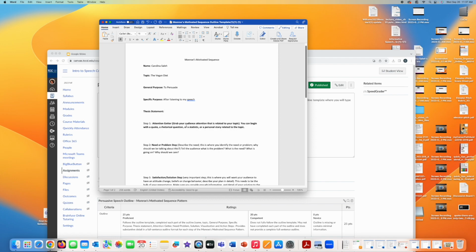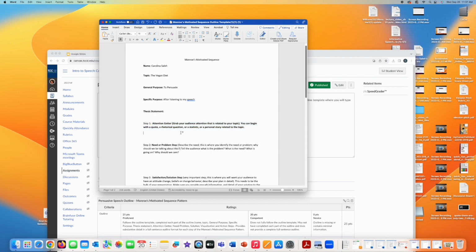The attention getter. This is where you grab your audience's attention that is related to your topic. Again, you could begin with a quote, a rhetorical question, a stat, or a personal story related to the topic, and you will type it out here. So you will remove my instructions and type out your information here.